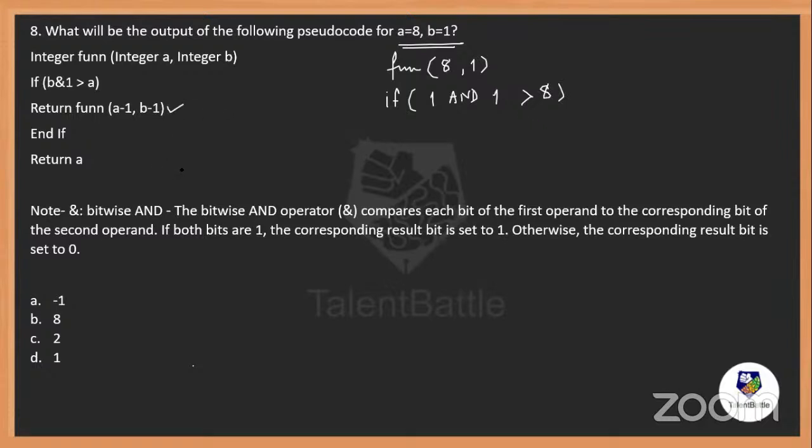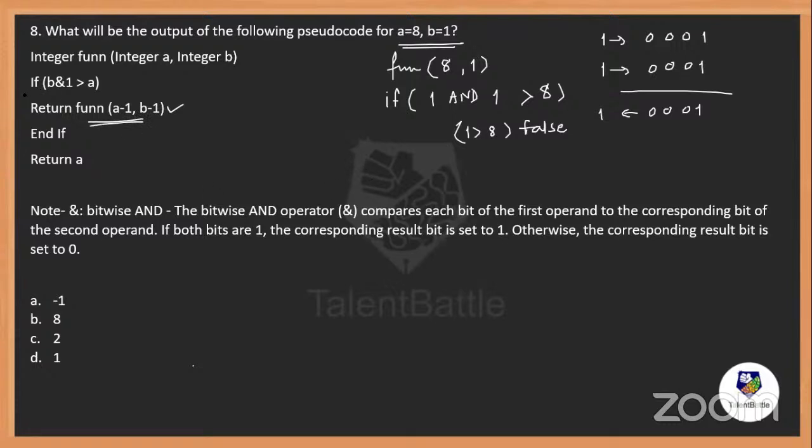Right? Now, when you calculate 1 and 1, so let's go with the binary. Binary of 1 will be 0, 0, 0, 1. 0, 0, 0, 1. Perform AND operation. Result will be 0, 0, 0, 1. So we are getting 1. 1 greater than 8 will be false. Means this block will not execute.